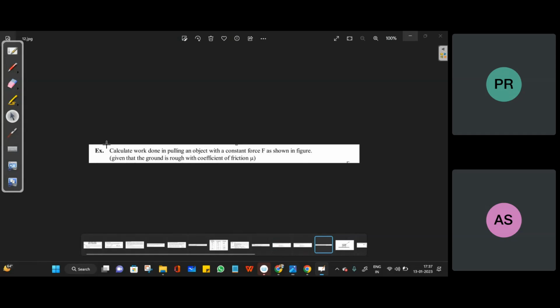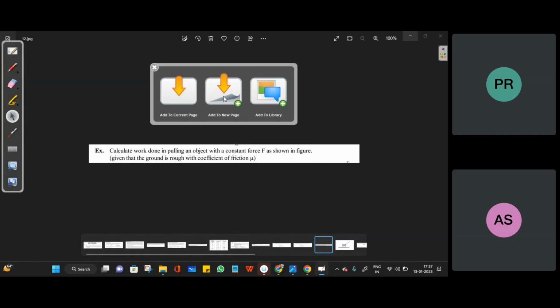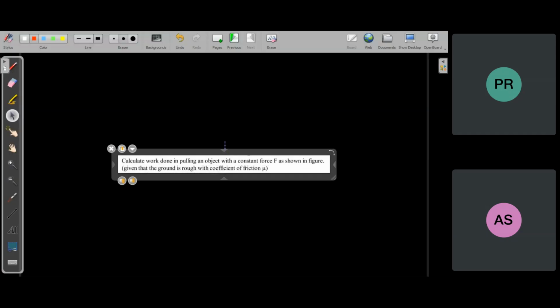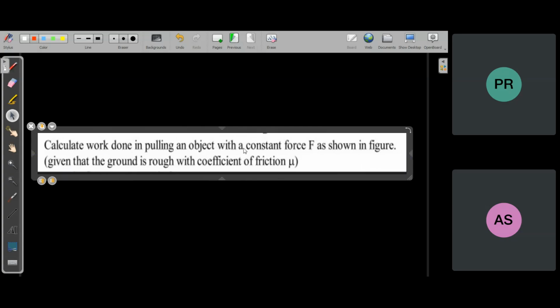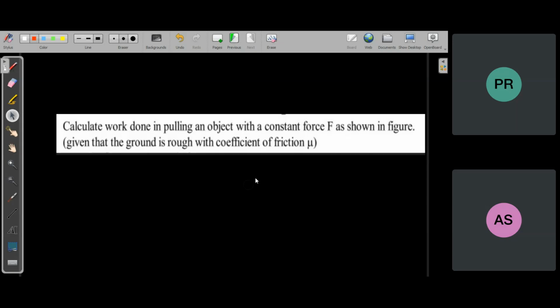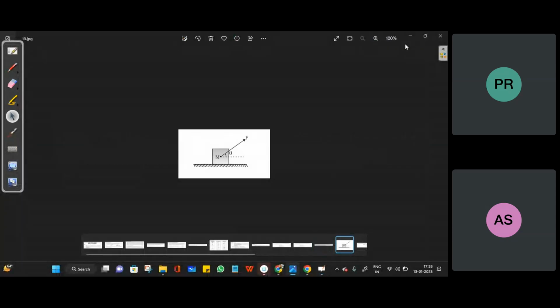Okay, now you can try this one. Is it visible clearly? Yes, sir. The figure is not visible, sir. There is no figure. Okay, one minute, I will check. Yeah, the figure is there.